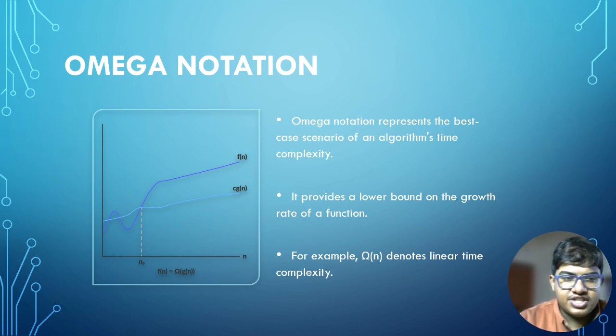Omega notation represents the best case scenario of an algorithm's time complexity. It provides a lower bound on the growth rate of a function. For example, omega of n denotes the linear time complexity.